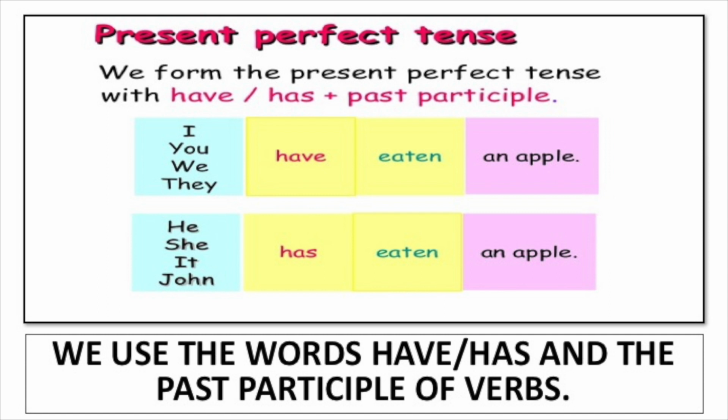We use has. And then the past tense form of the verb and the activity, like he has eaten an apple. So try to get used to that structure and remember which subjects we use have with and which we use has, because that's important to speak correctly.